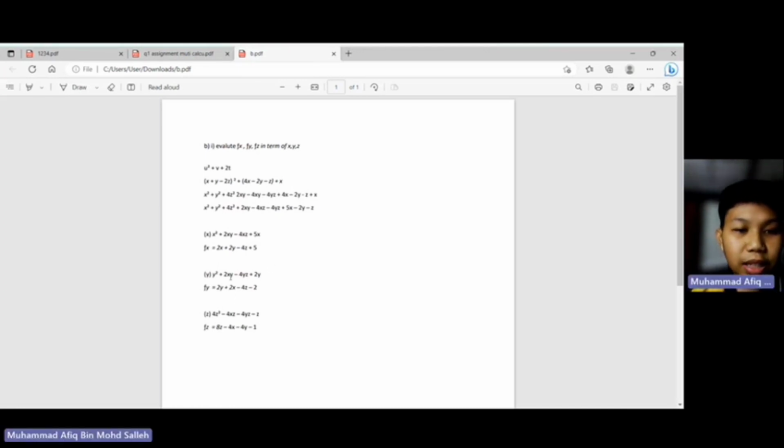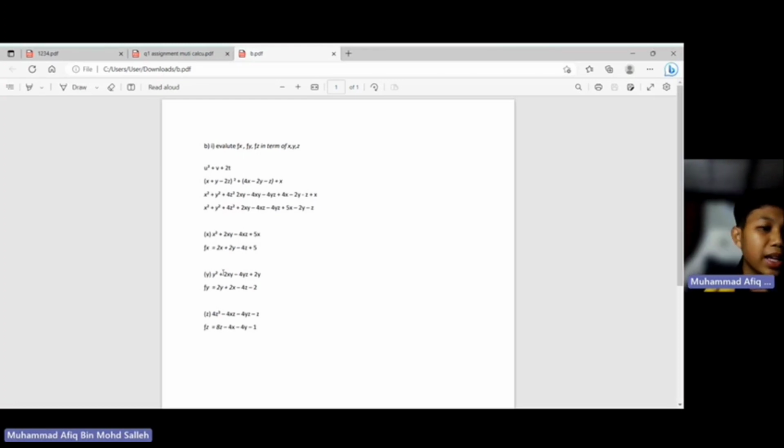After that, you can see from y, y squared plus 2xy minus 4yz plus 2y. So fy equals y plus 2x minus 4z minus 2. And we find the partial derivative with respect to z.